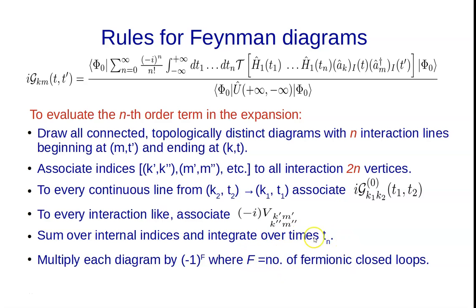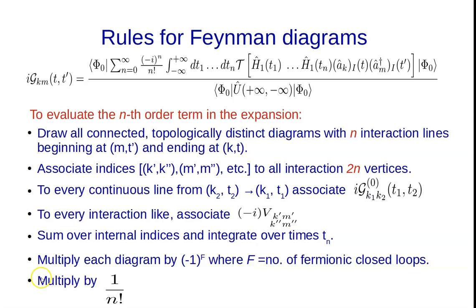Essentially, the pairing that originates that line will get a minus 1, and that's not so intuitive, hence the number of fermionic closed loops you have. But if you look at the way that Wick's theorem essentially disconnects the operators, you see that this makes a lot of sense.